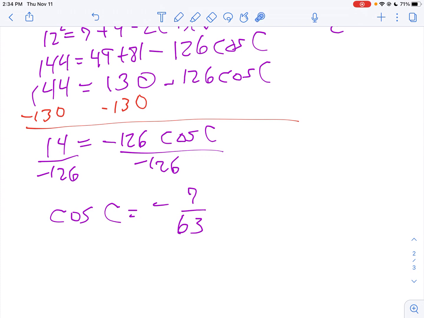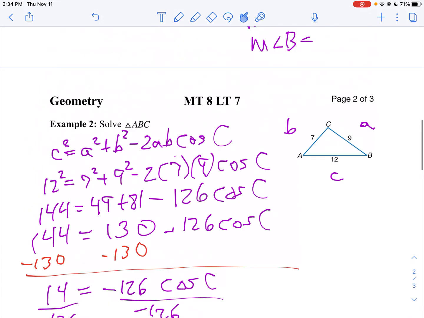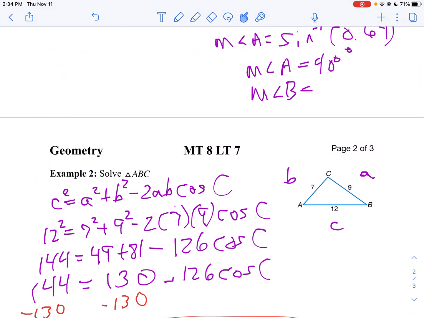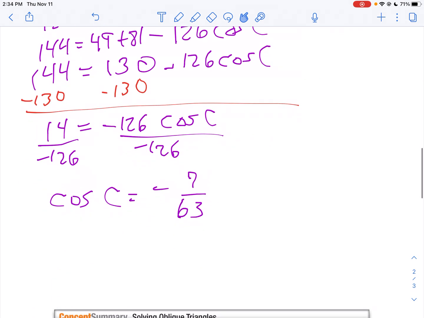Don't let that negative confuse you. It actually makes sense. If the cosine of an angle is negative, that means your angle is obtuse. And that makes sense in this problem because notice angle C is going to be my biggest angle because it's across from the biggest side. So now I know the measure of angle C is going to be the inverse cosine of negative 7 over 63.